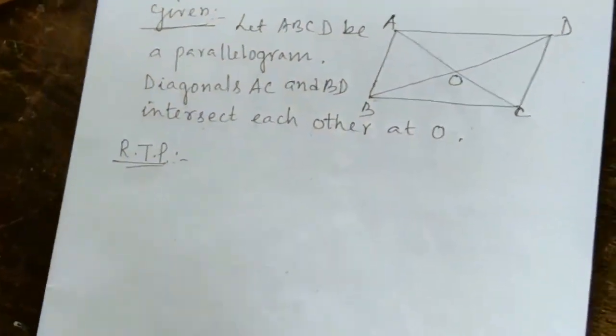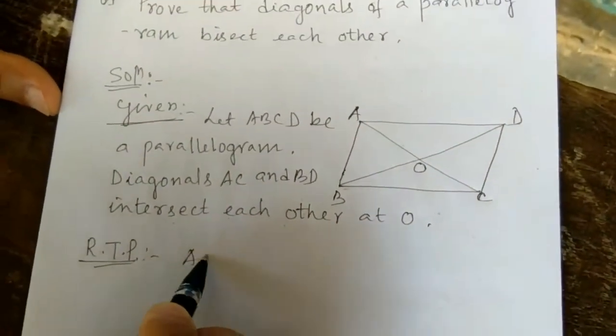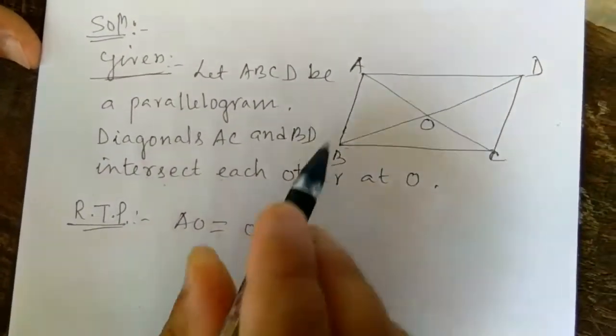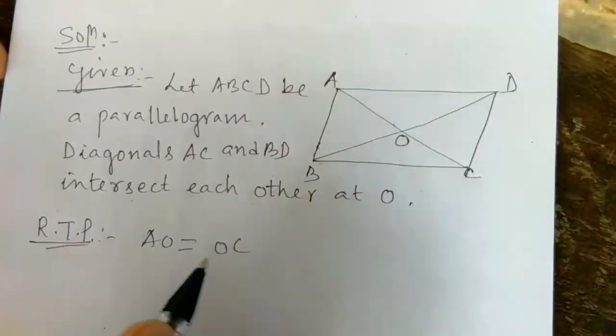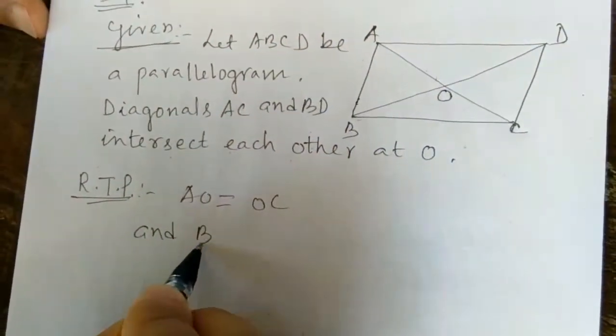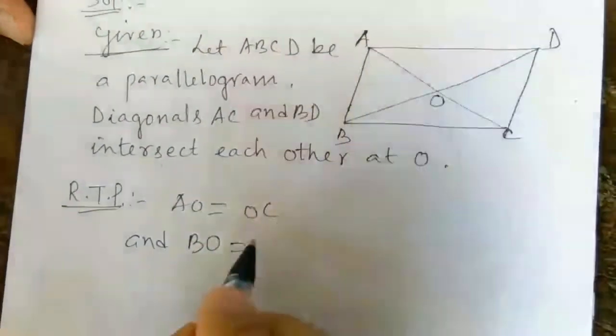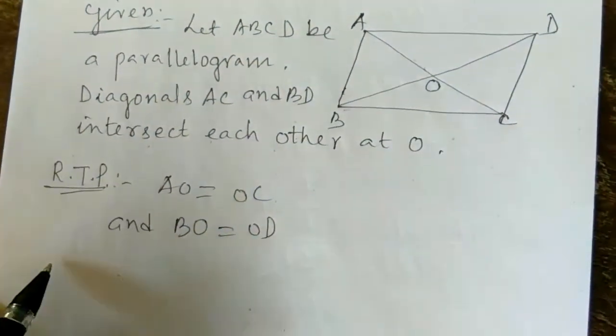What to prove? We have to prove AO equal to OC. Bisect means divided into two equal parts. AO equal to OC, and BO equal to OD. We don't want any construction here, so we start the proof.